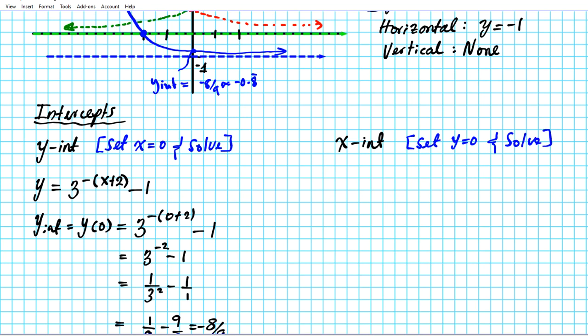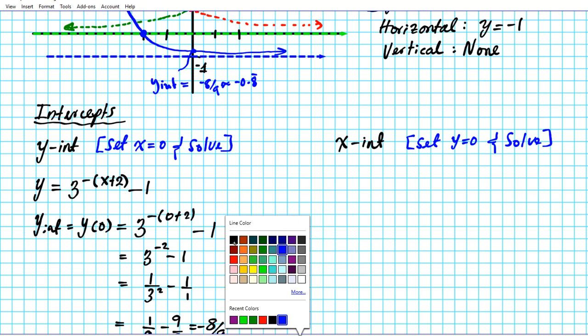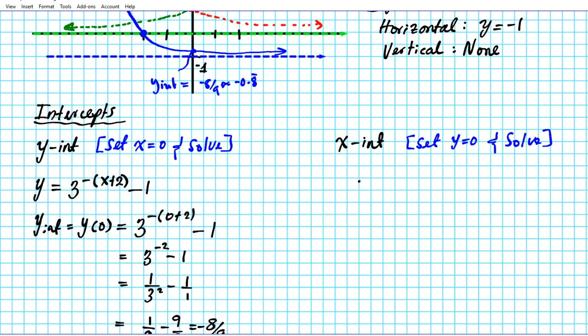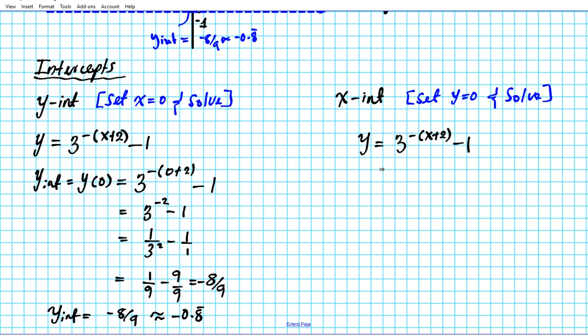The function is y equals 3 to the negative quantity x plus 2, minus 1. So we set y to 0 to figure out our x-intercept. We have 0 equals 3 to the negative quantity x plus 2, minus 1.